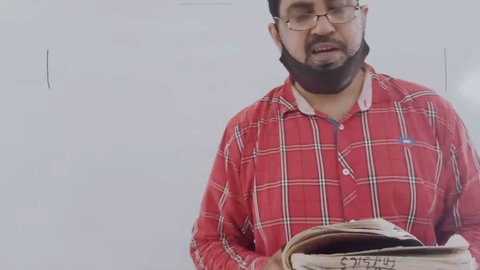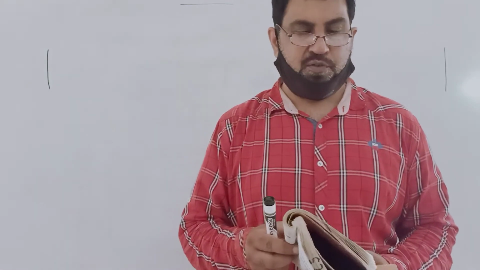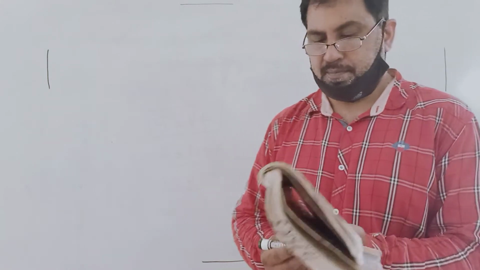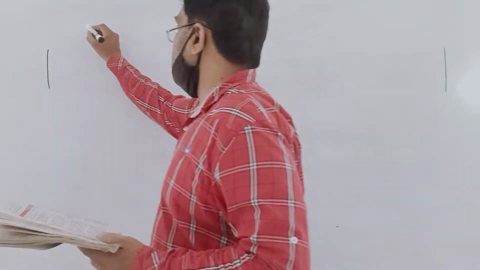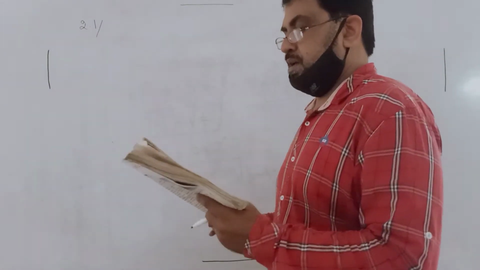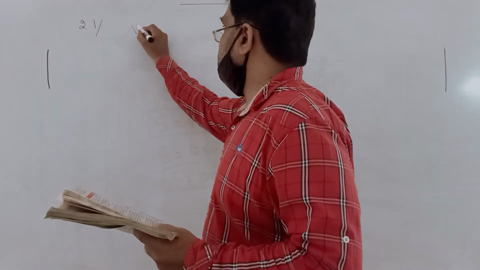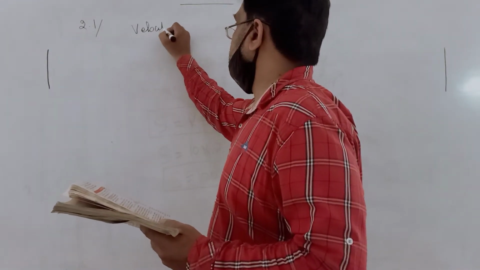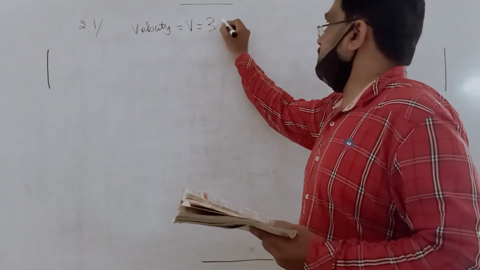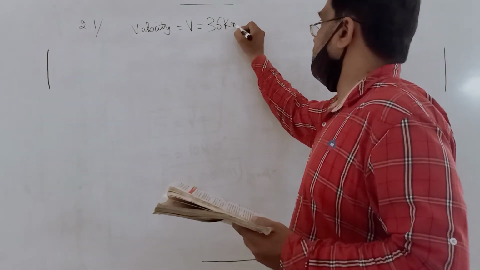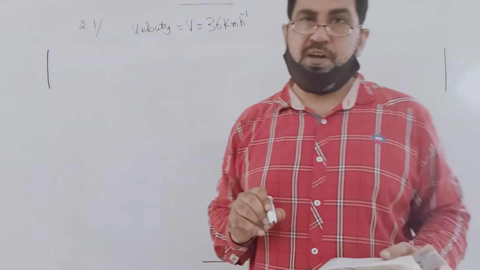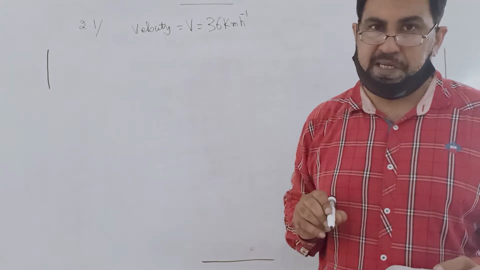A train moves with a uniform velocity of 36 km per hour. Numerical number 1. Velocity is equal to 36 kilometer per hour. First of all, we convert this value into meter per second.